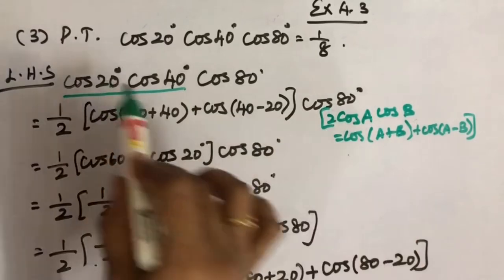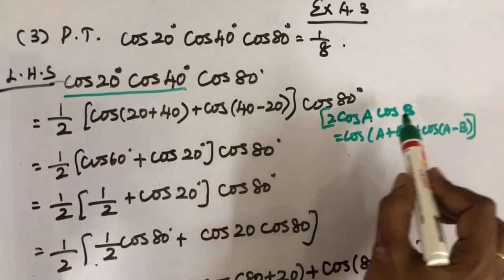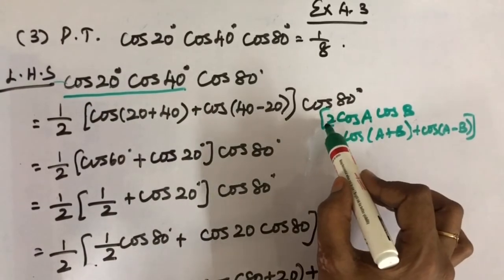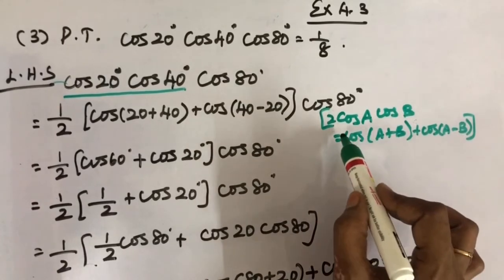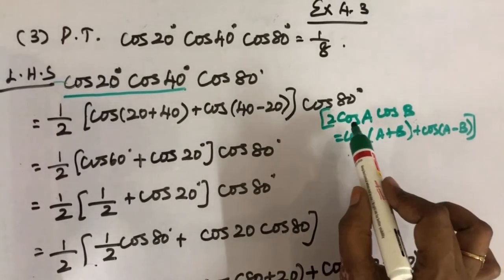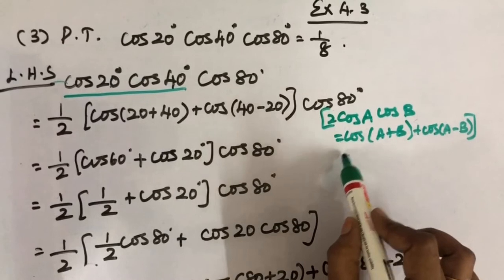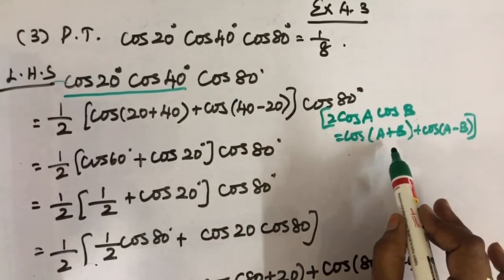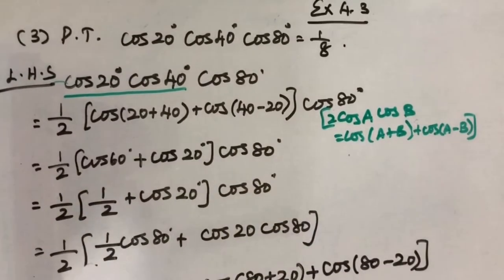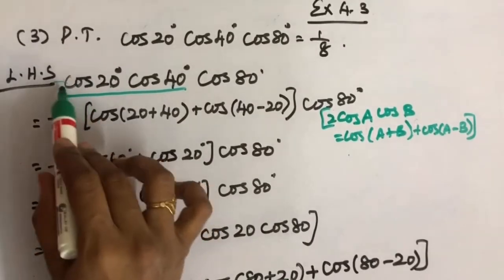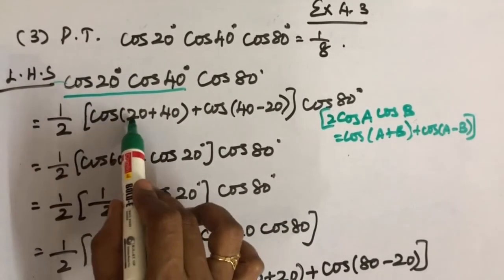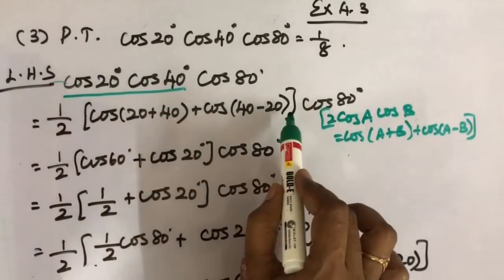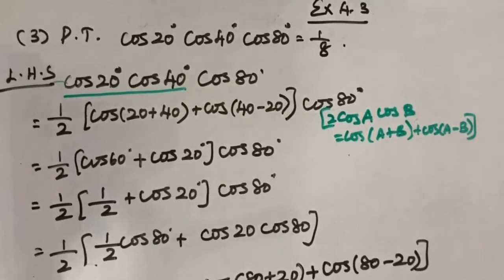Since 2 is not there here, cos A cos B is equal to, when the 2 goes to the opposite side, 1 by 2, isn't it? So cos A cos B equals 1 by 2 into (cos (A plus B) plus cos (A minus B)). That's the formula. So I write this as 1 by 2 into (cos (A plus B) plus cos (A minus B)), and write cos 80 as it is.